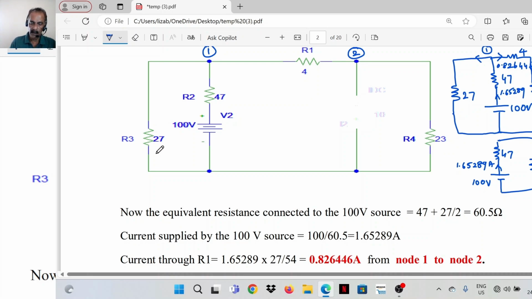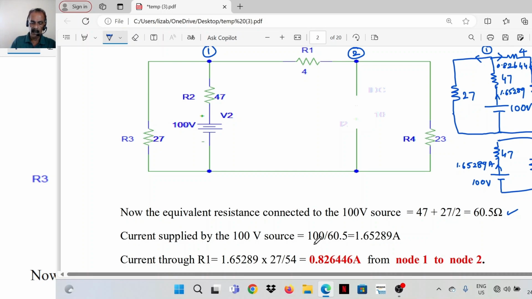So 27 by 2 is the equivalent of R3 and the combination of R1 and R4. Add this to 47, you will get the total resistance, that is 60.5. 47 plus 27 by 2. This 27 and this 27, divided by 2 means they are connected in parallel. So equivalent is half of that.